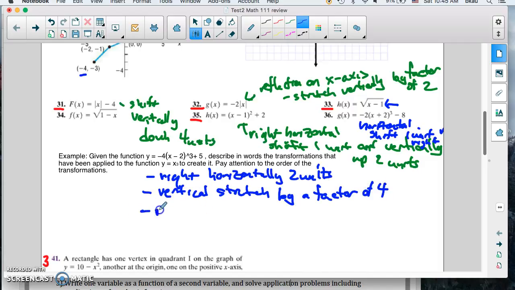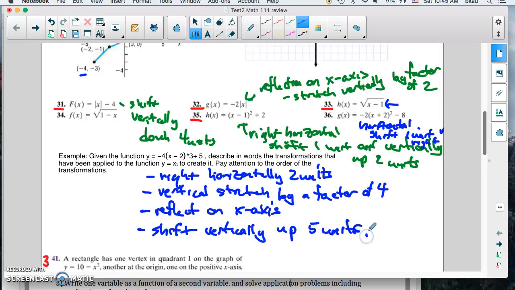And then we would reflect on the x-axis. And lastly, we would shift vertically up 5 units.